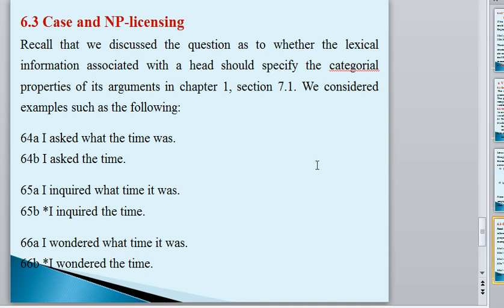Then we talked about visibility and the chain and the movement, as you see in the previous example. And at last we talked about case and NP licensing, and the lexical information for each word, as you see here. And you see here there are some differences in lexical information between words.